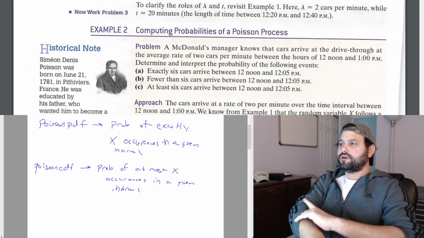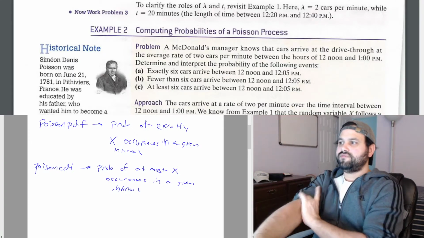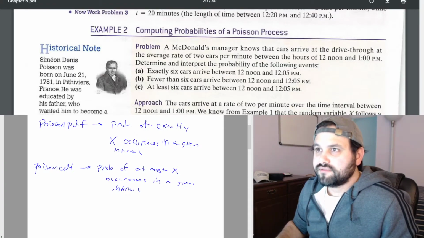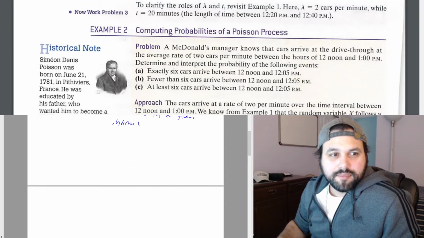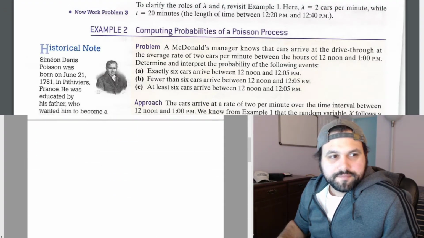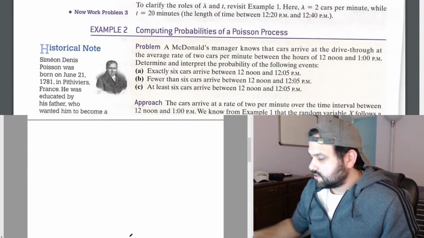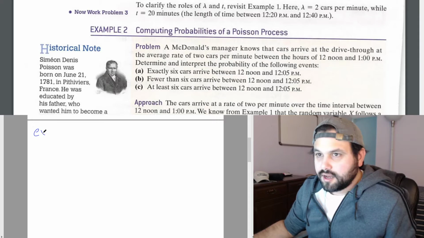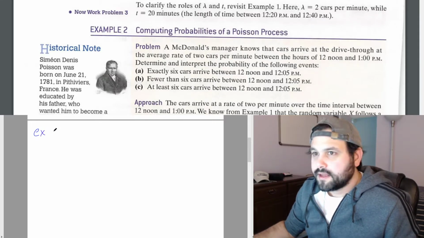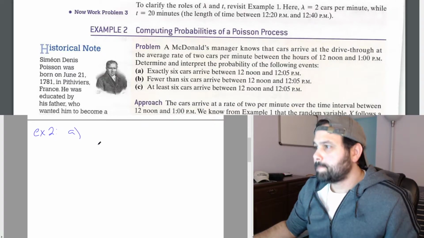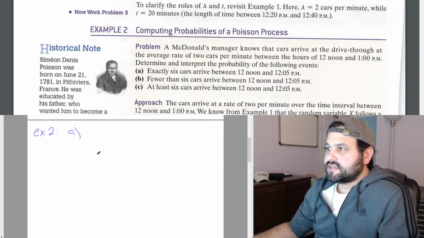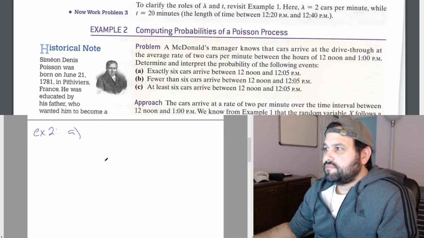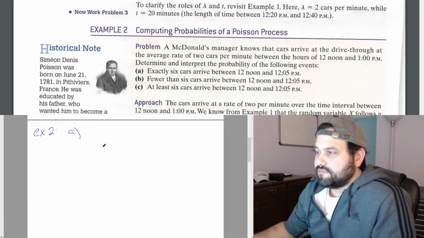Exactly 6 cars arrive between 12 noon and 12:05. So we want to calculate that probability. This is example 2 in the book, and we're on part A. Exactly 6 cars arrive between 12 noon and 12:05 p.m.